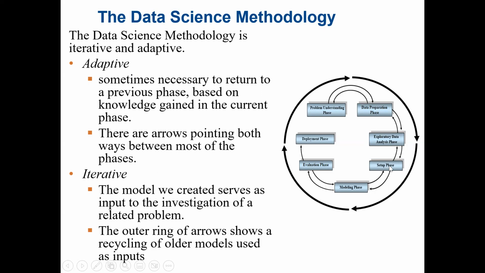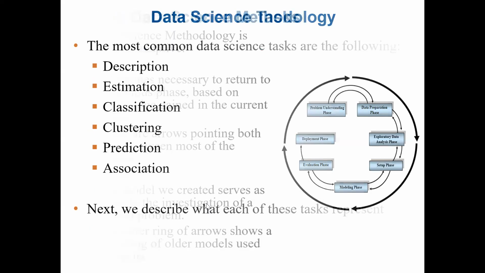So we can see in each phase we have the arrow going in the opposite direction, pointing to both phases. So it can be adaptive and also interactive. The model we created serves as input to the investigation of related problems. The outer ring of arrows shows a recycle of the older models used as inputs.